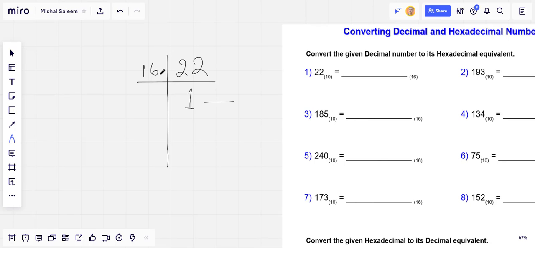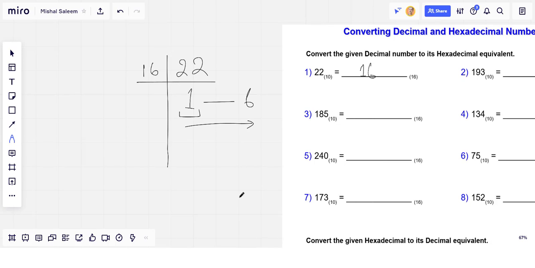That's why I didn't do it by 2. So it's 22, and I did 16 times 1, which is 16. So we got a remainder, and the remainder is 4 into 6. We got a 6 remainder. And that's it. We got a 1 in here, so that means we can't go further. So 1 and 6. Just take those two digits. That's the answer. Now it's not 16, it's just 1 6.